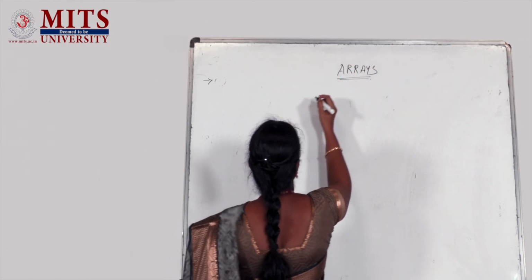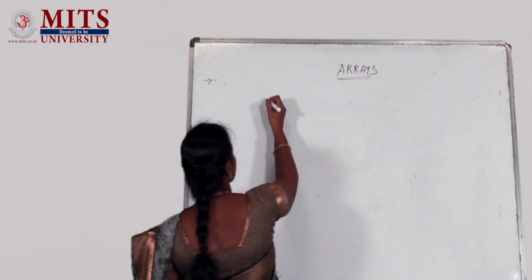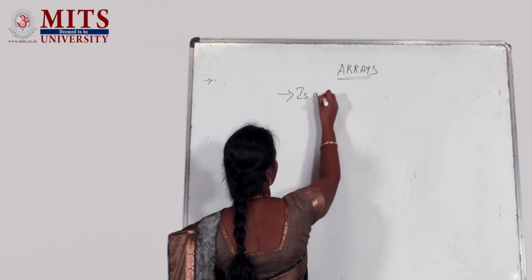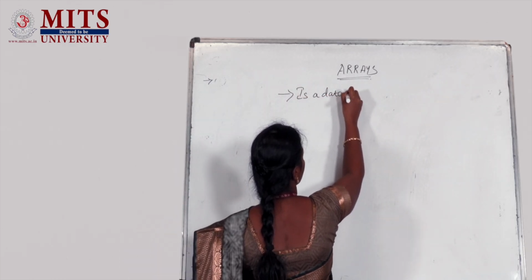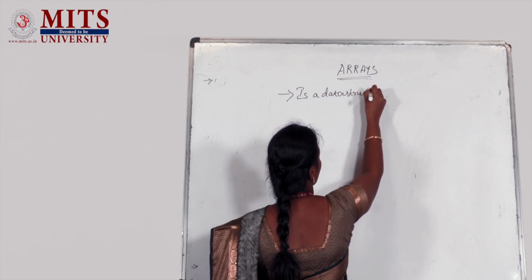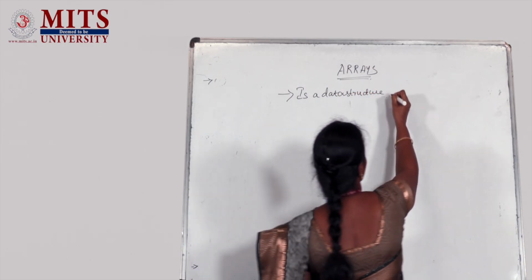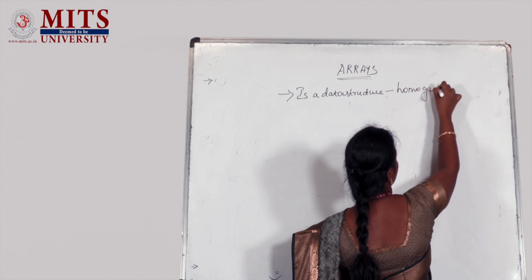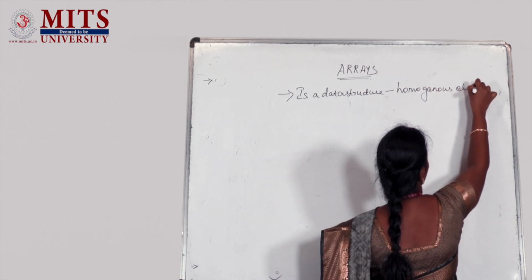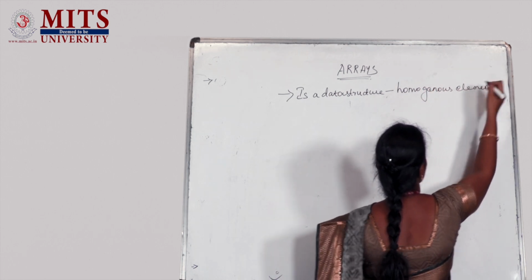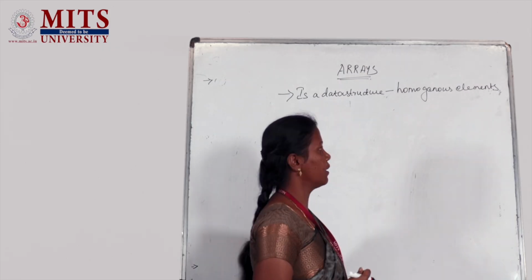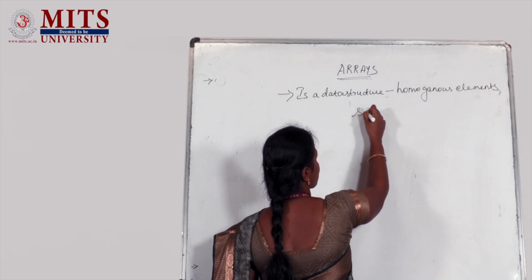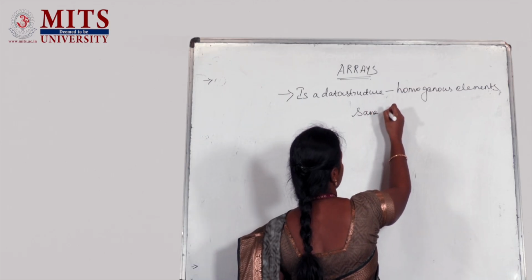So we can say this array as a data structure which consists of homogeneous elements. Homogeneous elements in the sense we are going to say here, an array consists of elements of the same data type which is stored in a contiguous memory location.